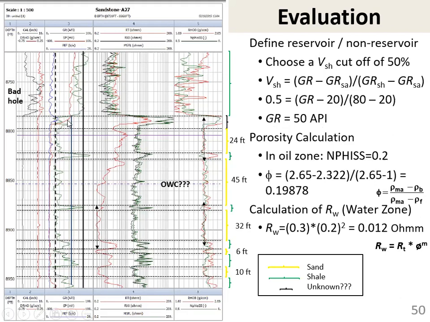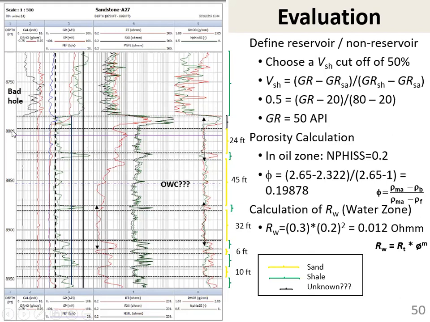You're having a zone which appears to be sand, but if you come to the density neutron, you're having very low porosity values. Remember that the values are plotted in such a way that high porosity is to the left, low porosity is to the right. And these low porosity values are not characteristic of sandstone.